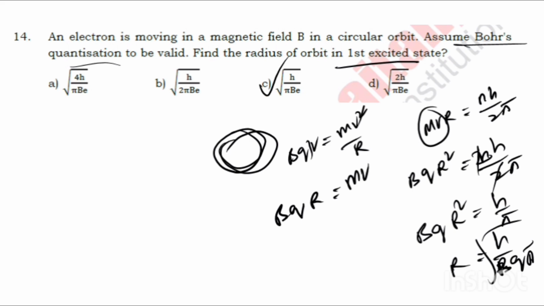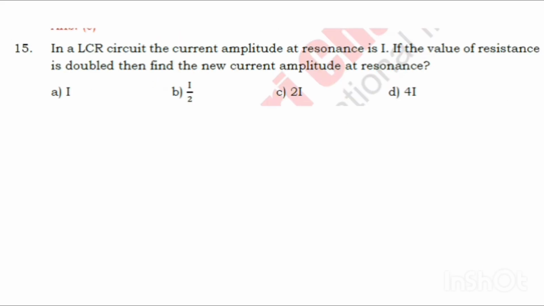Now in an LCR circuit, the current amplitude at resonance is I. At resonance condition, the current is V by impedance, right?